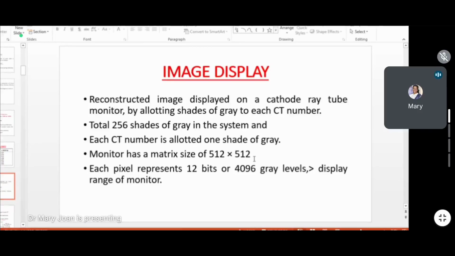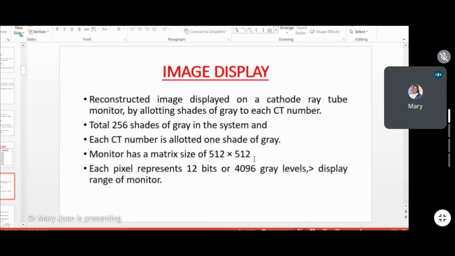And image display: the reconstructed image is displayed on a cathode ray tube monitor by allotting shades of gray to each CT number. So cathode ray tube monitor, what do you understand? It is something like a TV screen. So that also has shades of gray according to each CT number.